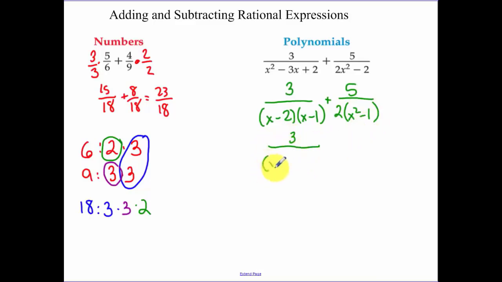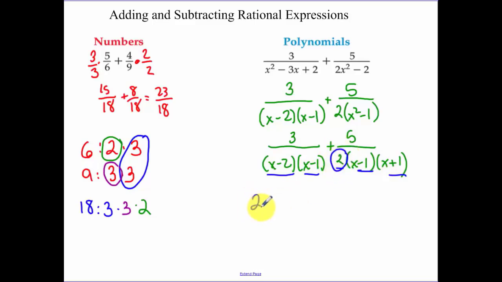Now this factors even more. The x squared minus 1 is going to factor to x minus 1, x plus 1. So each one of these is considered a factor. So our least common factor would be 2.